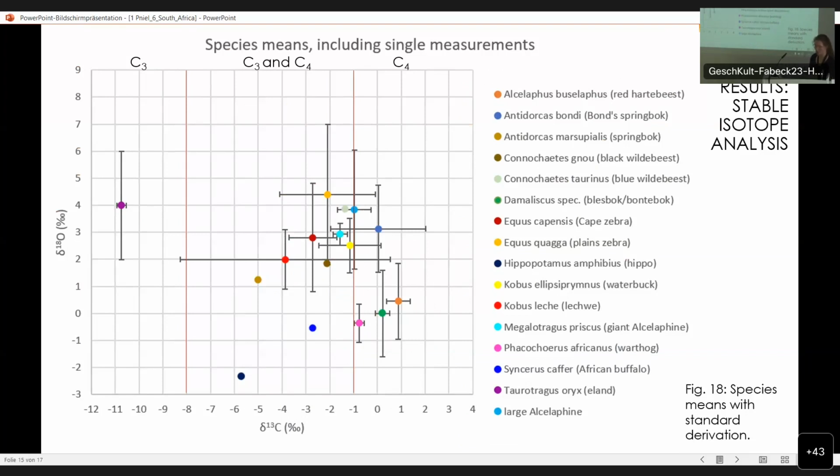And nearly all other species are grazers today, except for the springbok, which is a mixed feeder. So this springbok, as you can see here, is a mixed feeder.